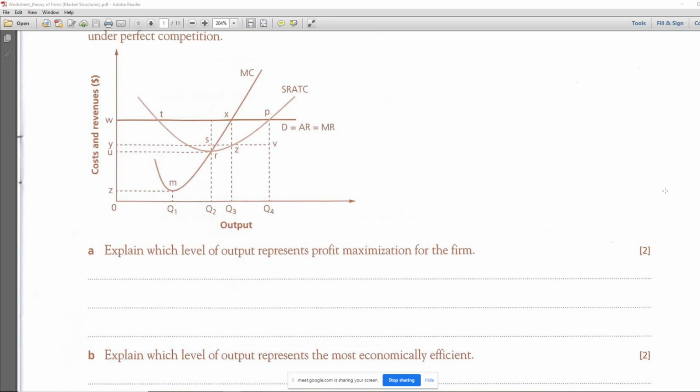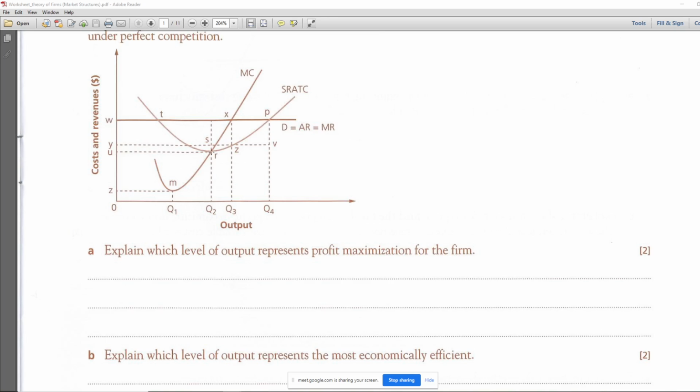But when we are talking about productive efficiency, we are talking about the output where you have the lowest cost. Because of the relationship between MC and ATC, the intersection point here is the lowest ATC that you can get.